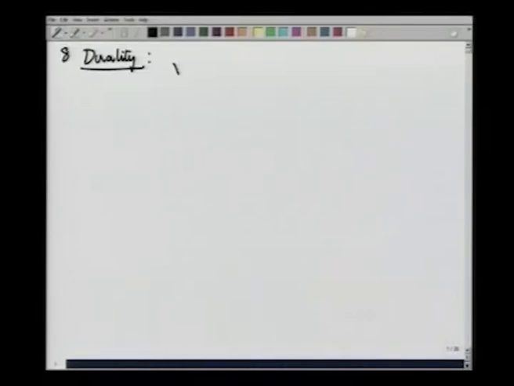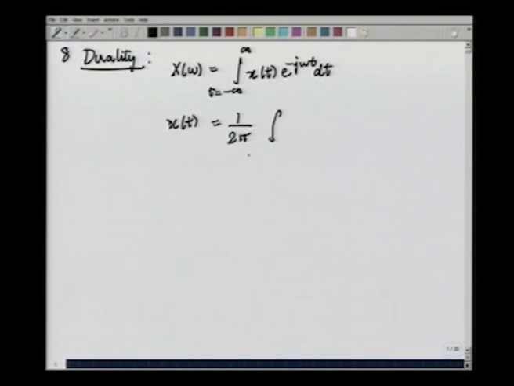X(omega) equals integral from minus infinity to infinity, where the variable of integration is t, of x(t) e to the minus j omega t dt, whereas we have x(t) equals 1 by 2 pi integral over omega from minus infinity to infinity of X(omega) e to the j omega t d omega.